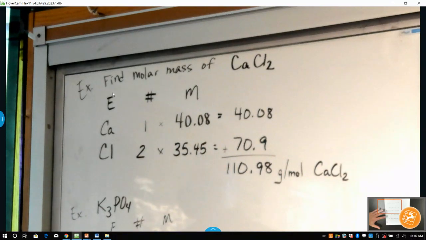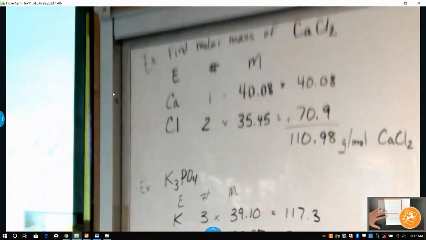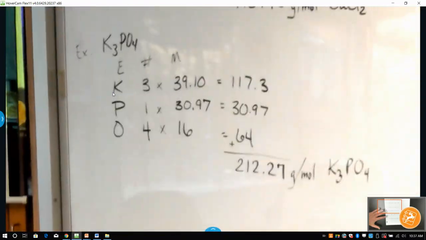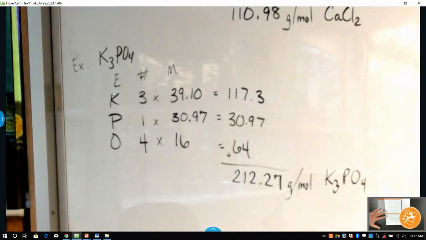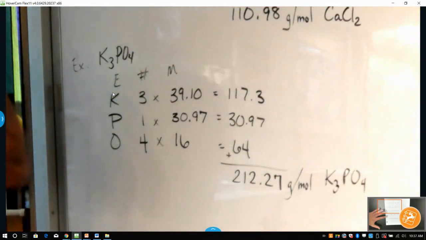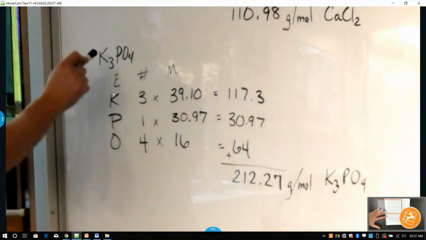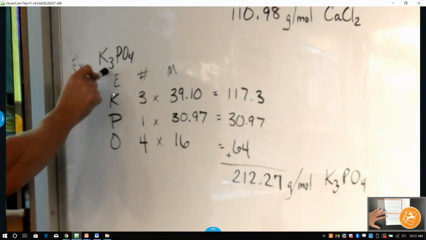All right, in another example, we used potassium phosphate. So for the potassium phosphate, K3PO4, okay, simple enough. Element, number, molar mass. First element, potassium, K. How many? 3.